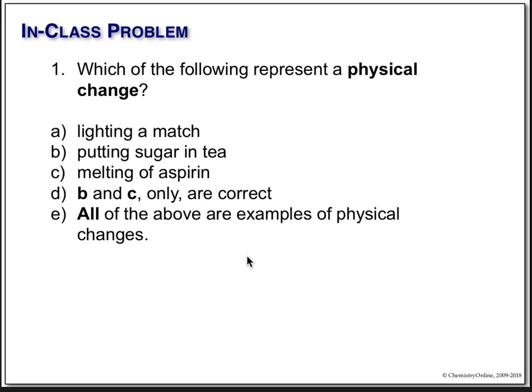That's chemical. Sugar and tea is simply going to dissolve. Melting of aspirin. Yeah, most people have trouble with that concept. Aspirin really is just a chemical, organic chemical, and it melts, just like everything else. We still have sugar. We still have aspirin. B and C are correct.